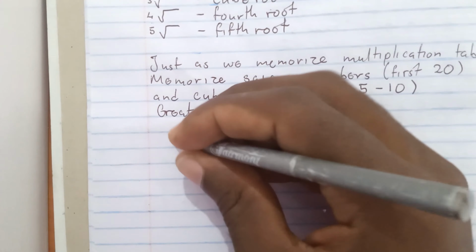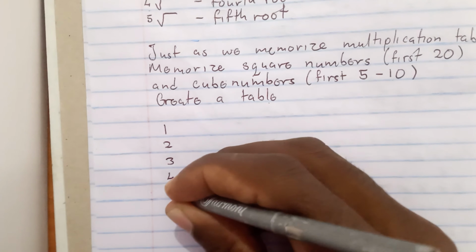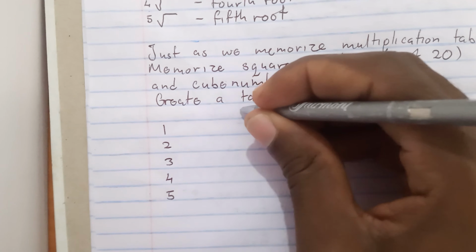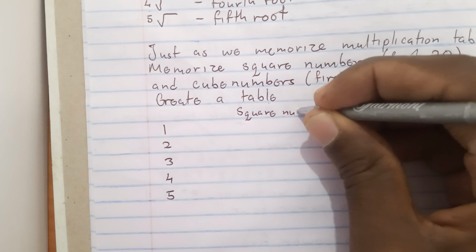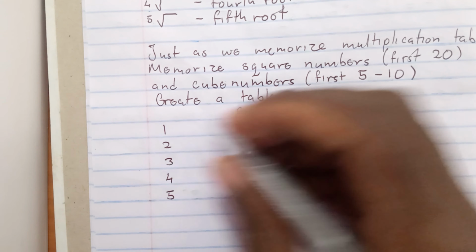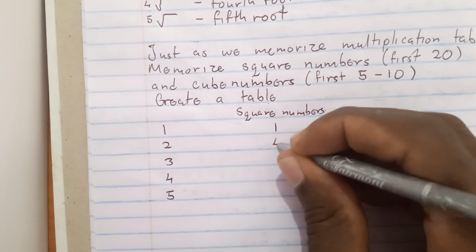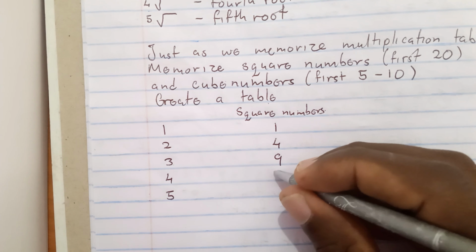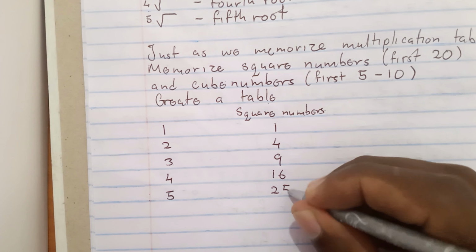If I have the numbers 1, 2, 3, 4, 5, and I start with square numbers: 1 times 1 is 1, 2 times 2 is 4, 3 times 3 is 9, 4 times 4 is 16, 5 times 5 is 25.